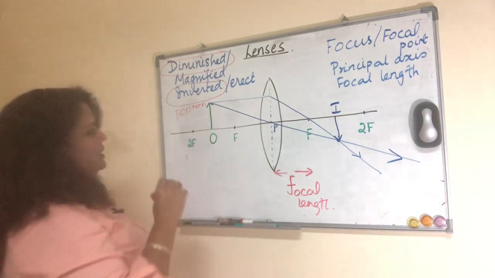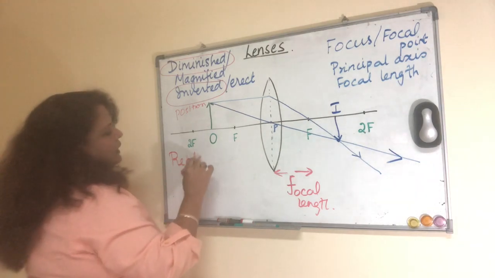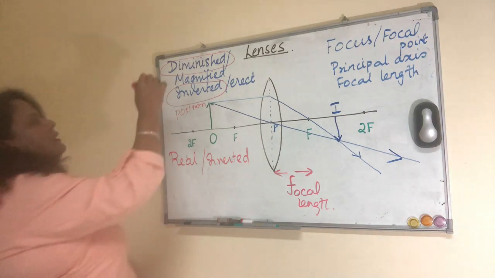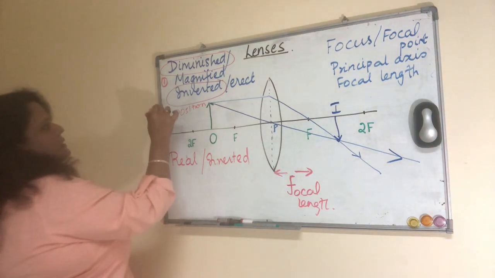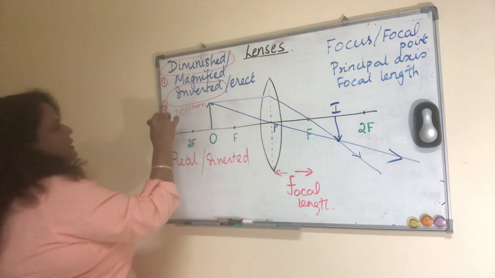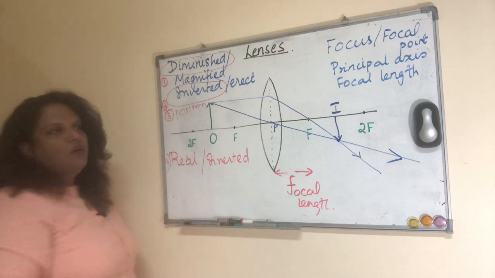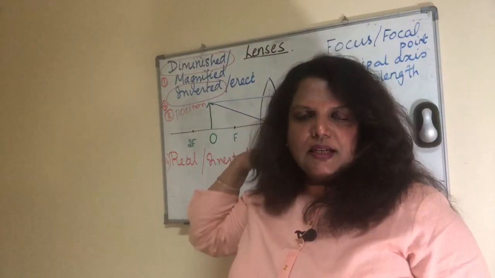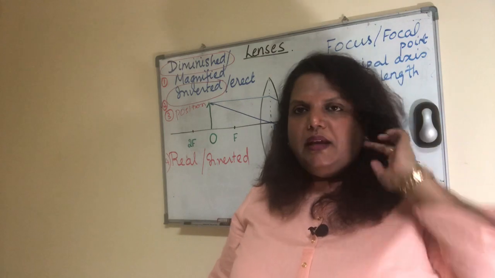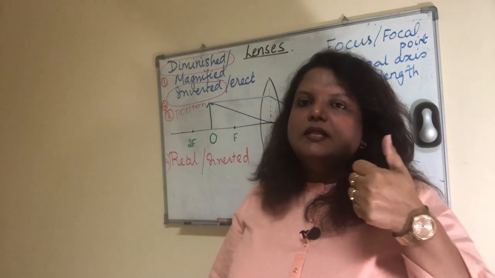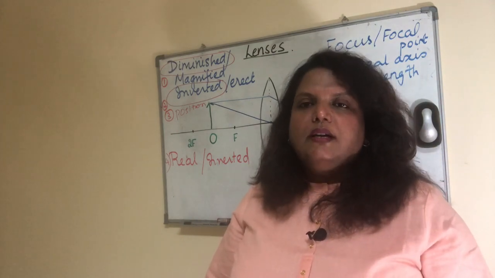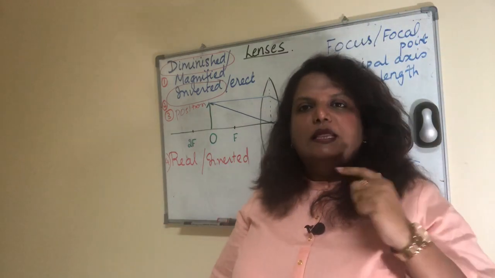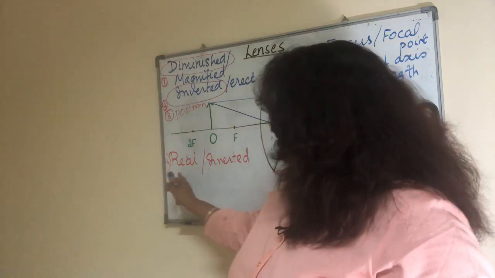Now the fourth property is real or virtual. So the first characteristic is size, the second is erect or inverted, third one is position, fourth one is real or virtual. Now, as I was mentioning earlier, when you're constructing the ray diagram, you will be able to identify the four characteristics. First, what is the size of the image. Second, whether it is erect or inverted. Third, the position. Now, the fourth one is real or virtual.